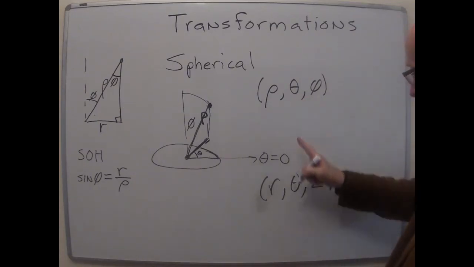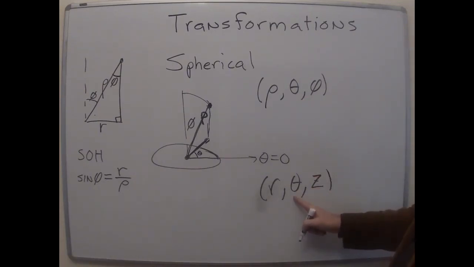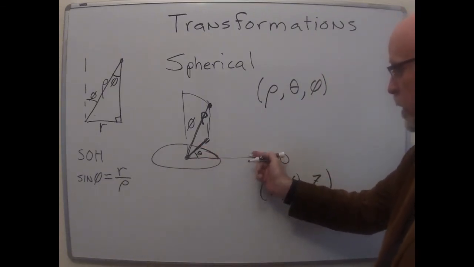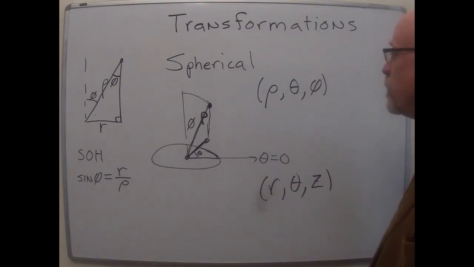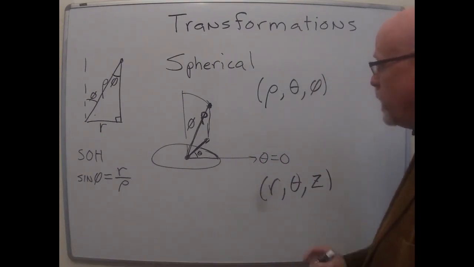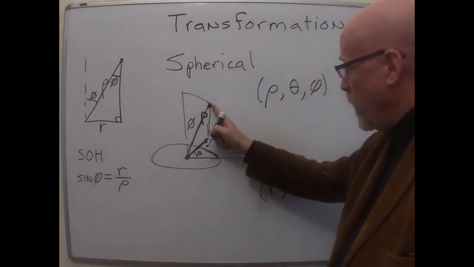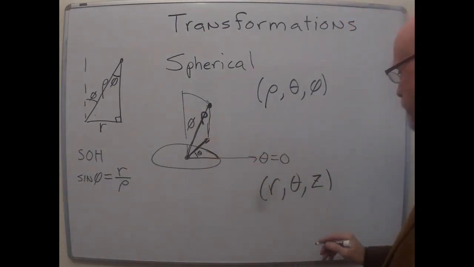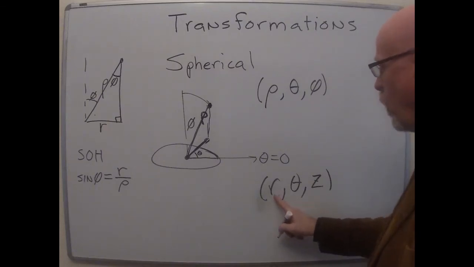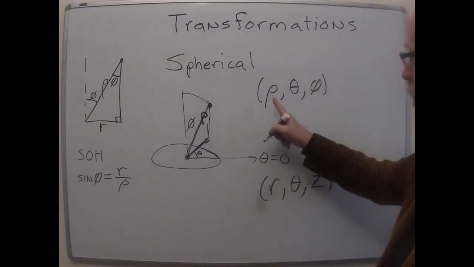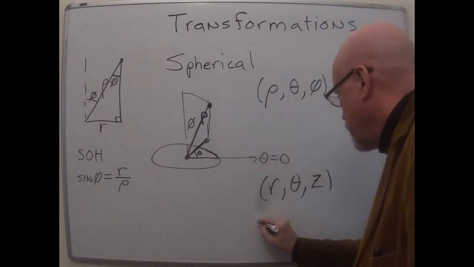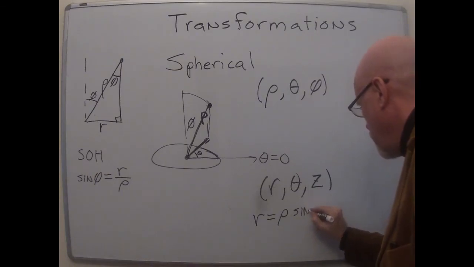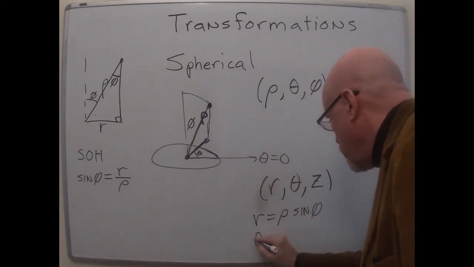The thing is, theta has the same letter because it's the same number. It's the angle measured around from the x-axis in the plane to find the point we're after. So whether you think about theta as locating that point in either system, they are the same. r, we just figured out, is rho times sine of phi. So we have r equals rho sine phi. Theta equals theta.